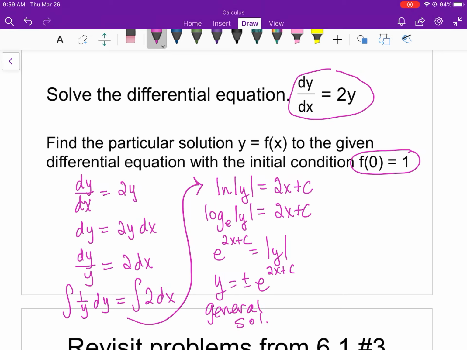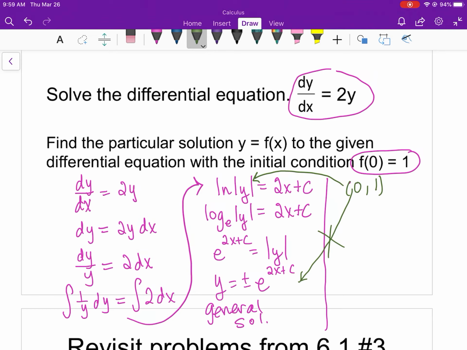But we want a particular solution. So now we're going to look at this curve going through 0, 1, and we're going to figure out the equation. So we start actually with this right here. You start back here and plug in the ordered pair. Don't start down here. You don't want to do that.